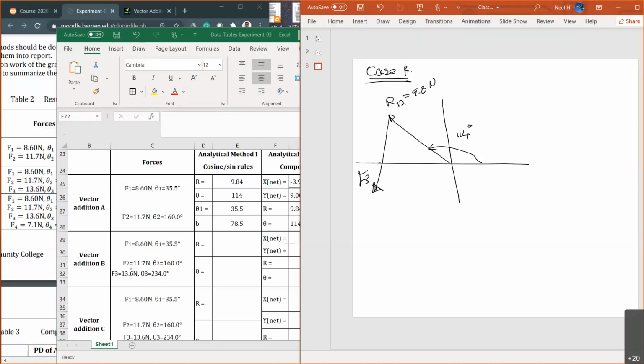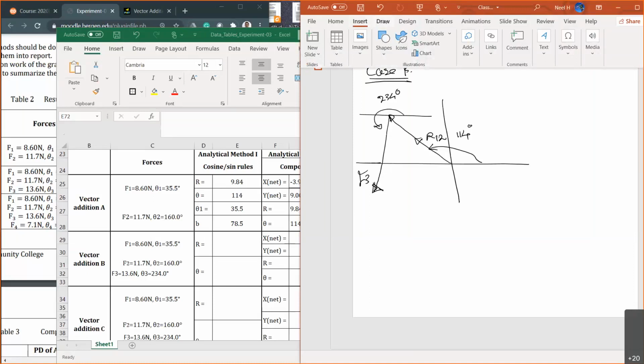And then the angle right here, this total angle is actually 200. Let me erase this one and then put it here. Somewhere here, this is R12. And then this angle is 234 degrees. Okay. Now those are the 2 vectors we're going to use, R12 and F3.